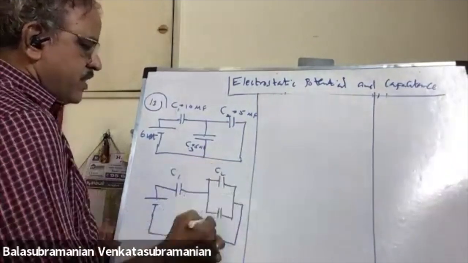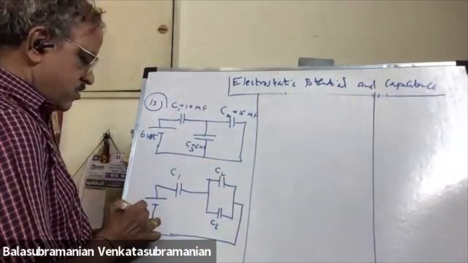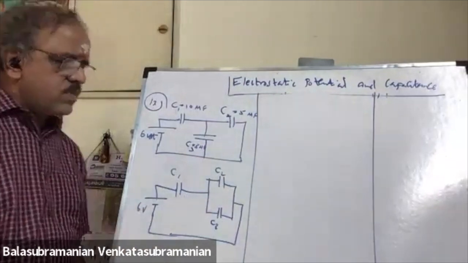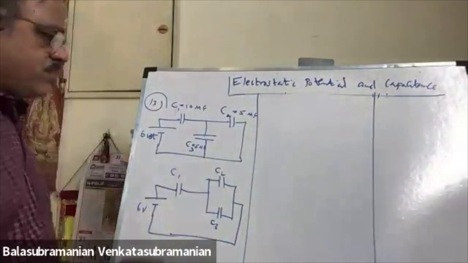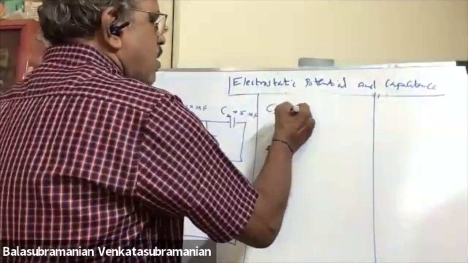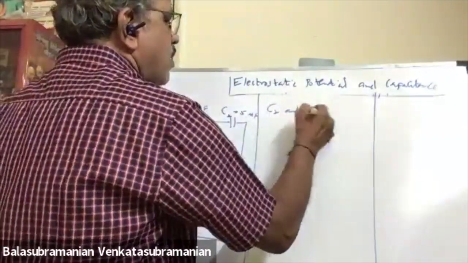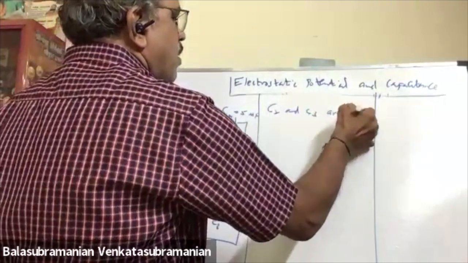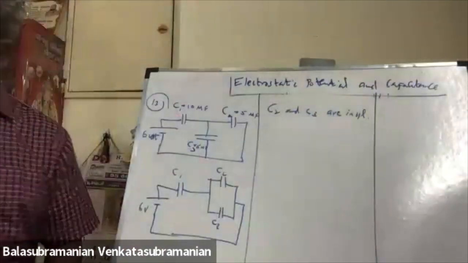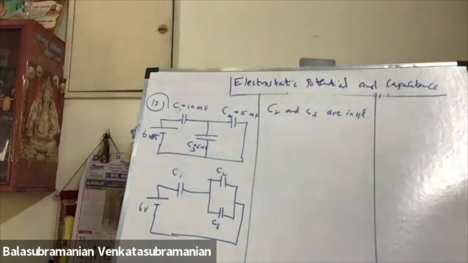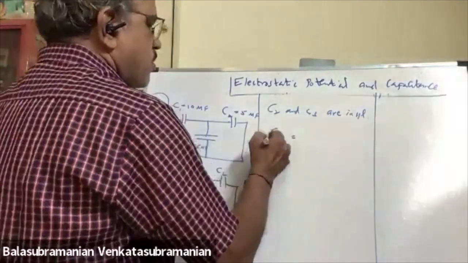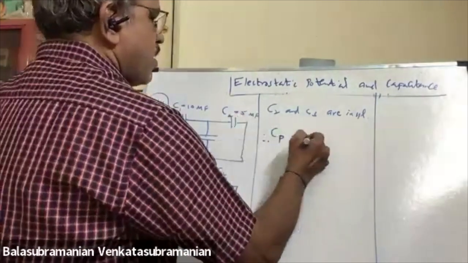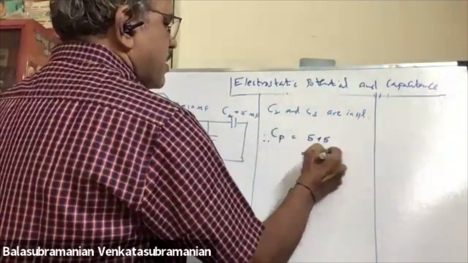C2 and C3 are connected in parallel. So Cp is equal to 5 plus 5, 10 microfarad.